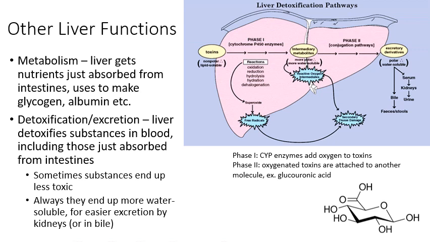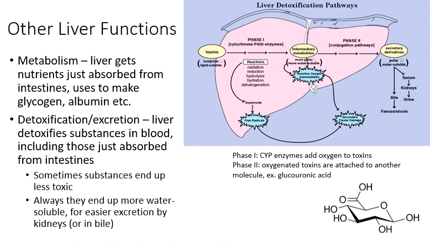It's a large polysaccharide molecule, and anytime that you need extra sugar, the liver can break down that glycogen and release more sugar for you. The liver would also be using those nutrients to make albumin and a lot of the other plasma proteins for the blood, and a variety of other compounds that the liver makes.